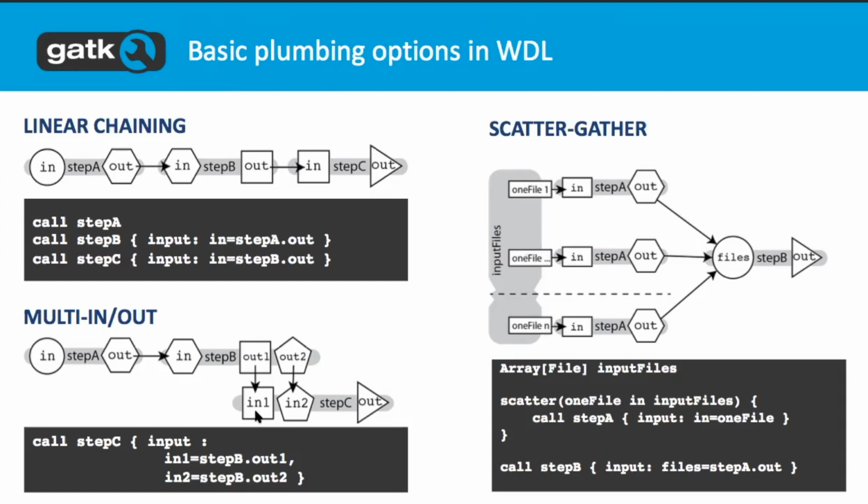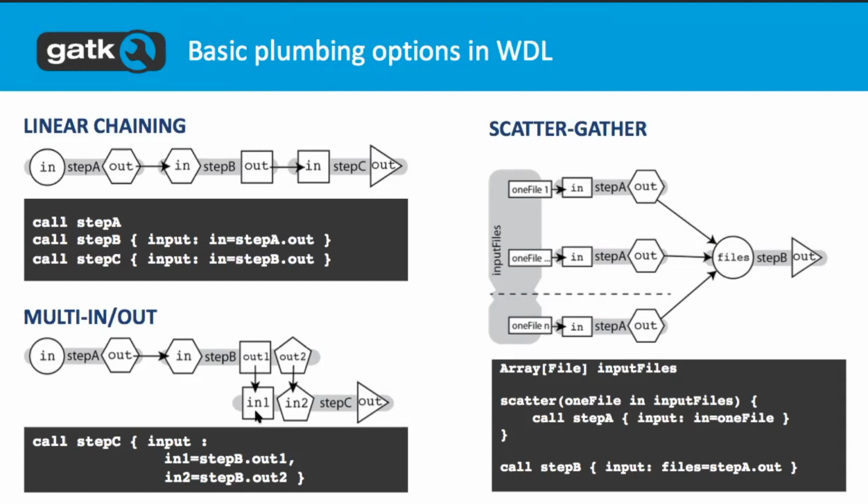You can have the scatter block, right? So for example, let's look at this code. You are given an array of files as input files, and then you have the scatter block, which you can for a second think of as a for loop, but it's not a for loop. And then you say scatter for each file in this array, and call a task with this file as input.